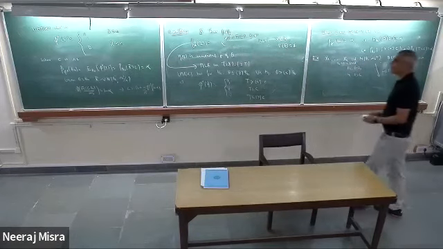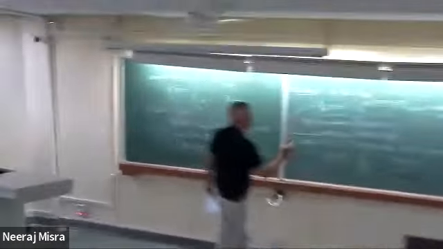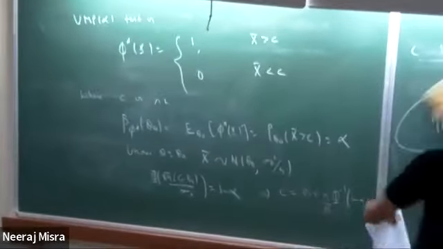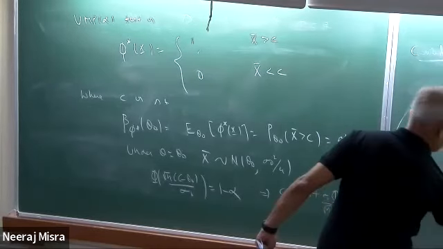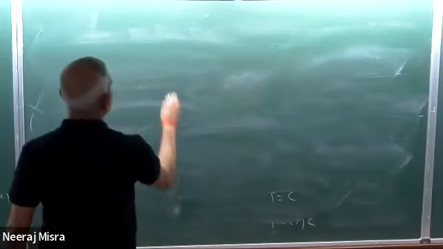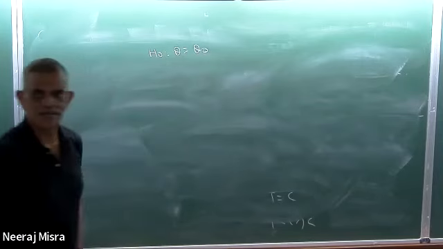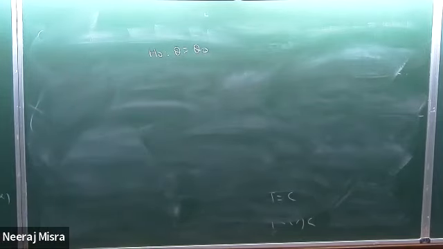So let me just take a few more examples. What will be the UMP alpha test for theta equal to theta naught against theta greater than theta naught? My hypothesis I change. My null hypothesis becomes a simple hypothesis.